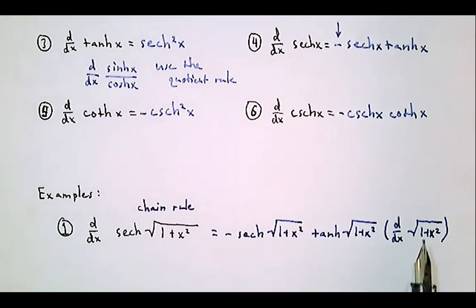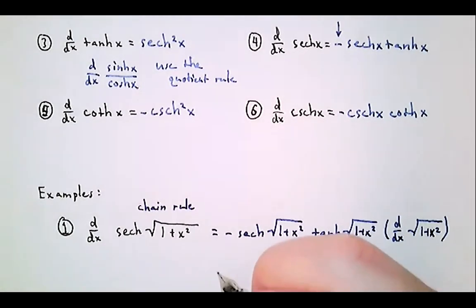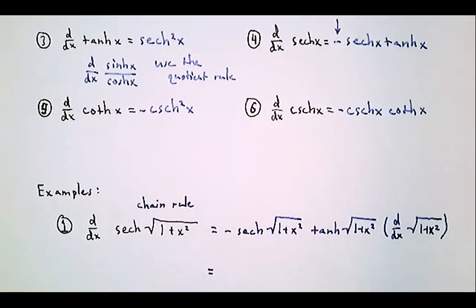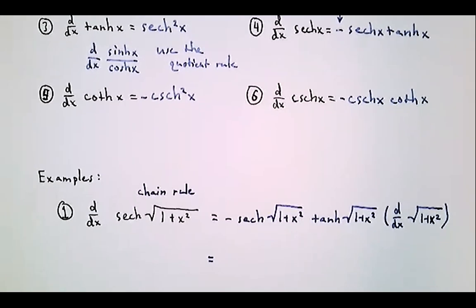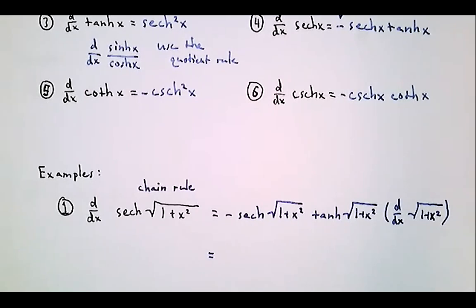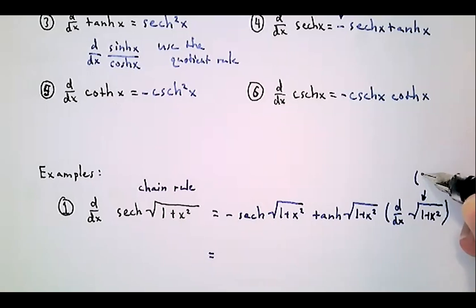So someone tell me, what is this inner derivative? What is the derivative of the square root of 1 plus x squared to finish off this problem? So remember, a square root is the same as a half power.